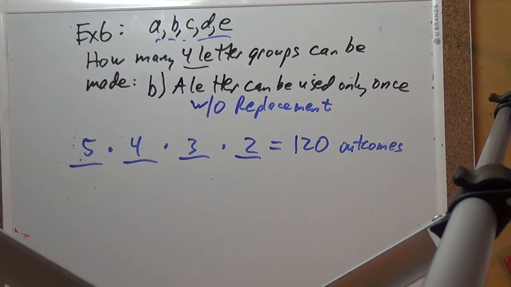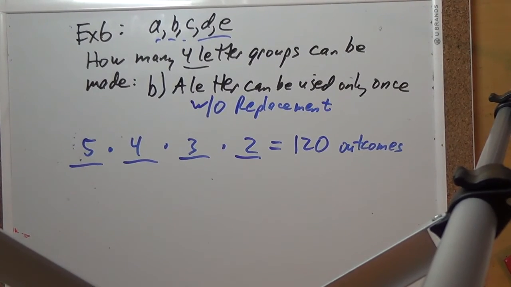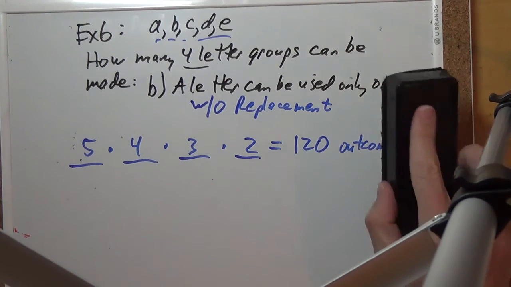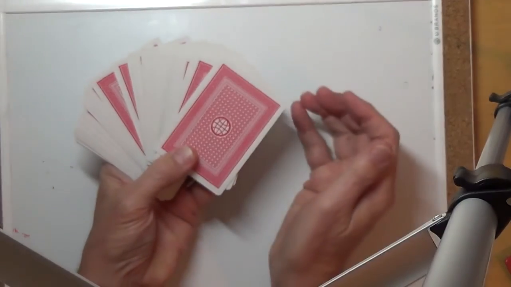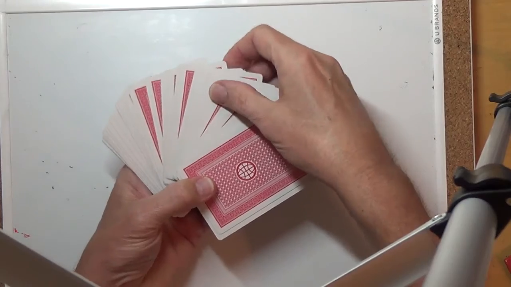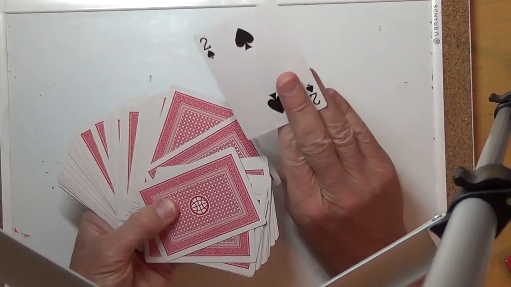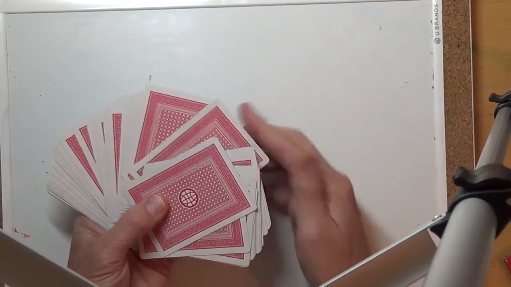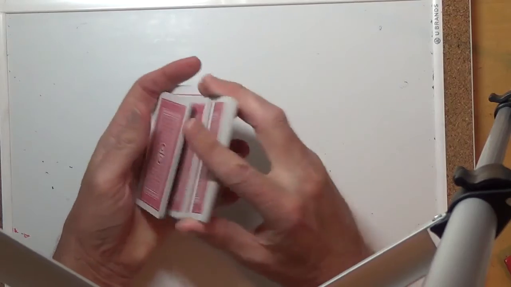So I'm going to demonstrate this with and without replacement in a more familiar vein maybe. And we're going to do this a lot in probability. Simple deck of cards. Now I have 52 cards. So if I draw one, the 2 of spades, if I put it back, it can be selected again. I still have 52 choices.